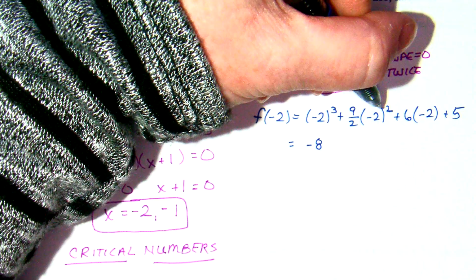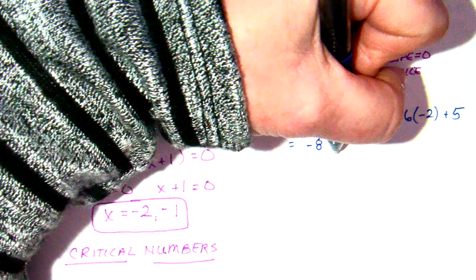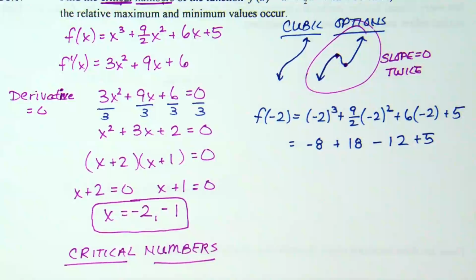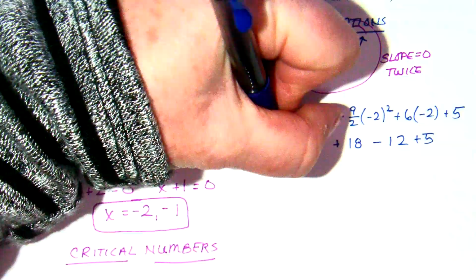Well, 2 and 4 can cross cancel. Becomes 1 and 2. 9 times 2 makes this 18. Positive 18. And then we'd have a -12 plus 5. Could you guys do all of that without calculators? So -8 plus 18 is 10. -12 is -2. Plus 5 is 3.